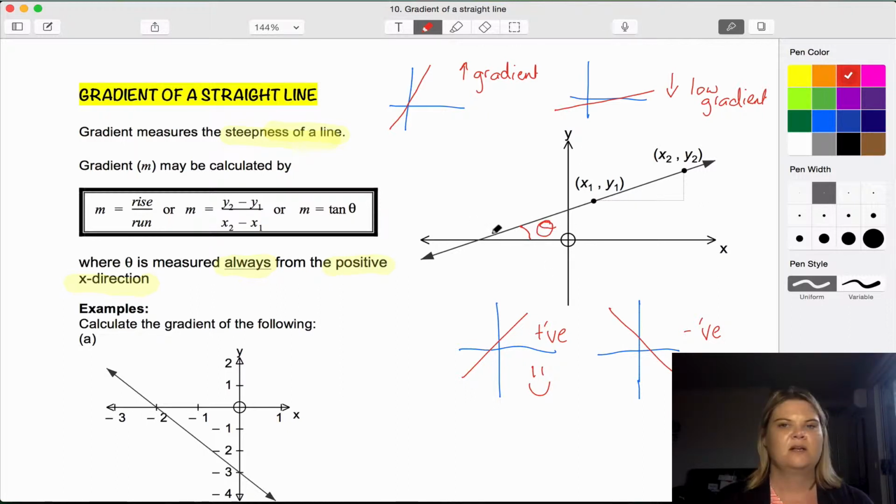This angle here, not theta. Don't ever use this angle for theta, for this formula. Has to be the angle between the line and the positive x direction. So this line here, the angle you would use would be between the line and the positive x. I've drawn a very big angle line there, but hopefully you get the idea. It's that angle, not this little one in here.